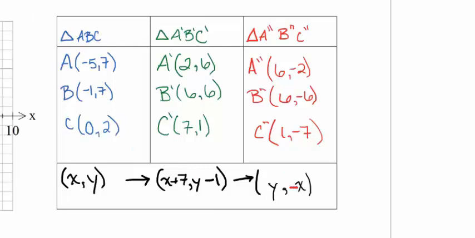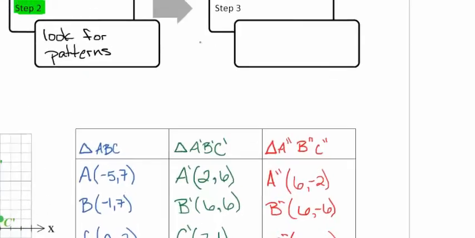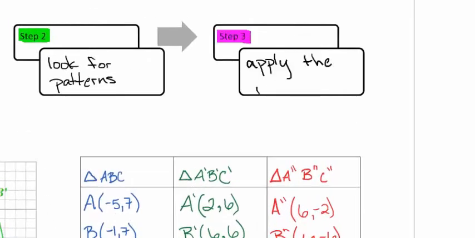So now that we've organized our data, we've listed any patterns using the rule or arrow notation. Now step 3, and this is really the big thing, is if we know the rules, that's great, but if we can apply them, then we really understand what we're doing.